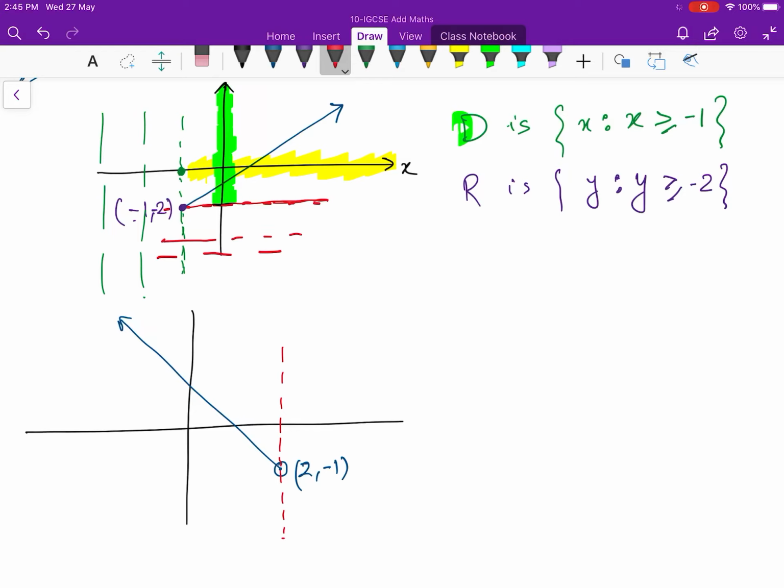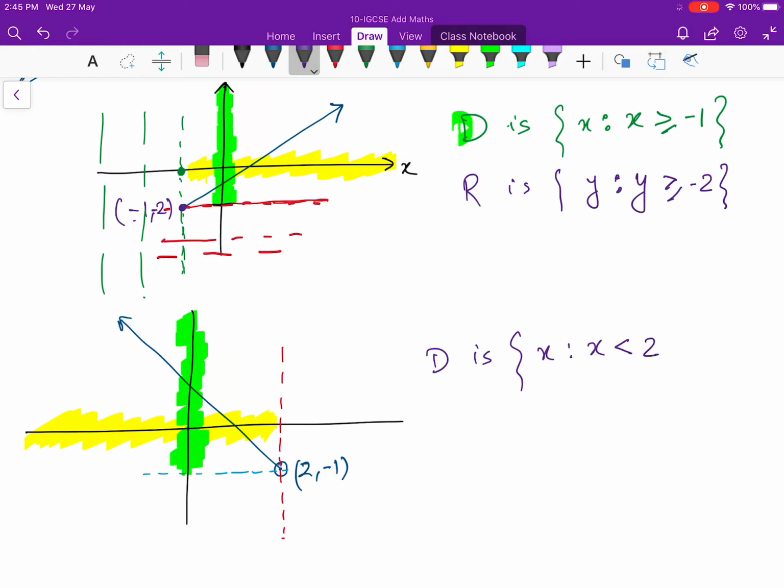So the value of all possible x is before this dotted line, and the value of all possible y is this line.